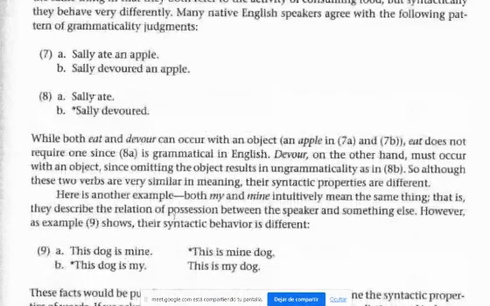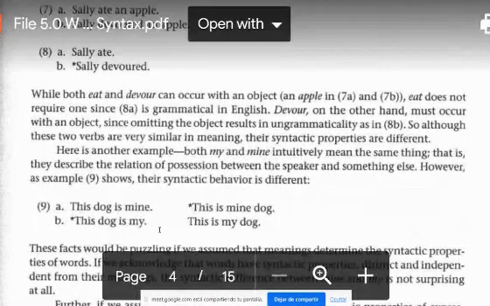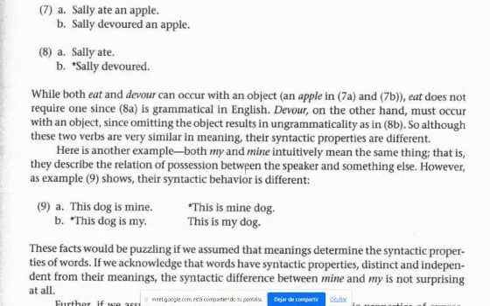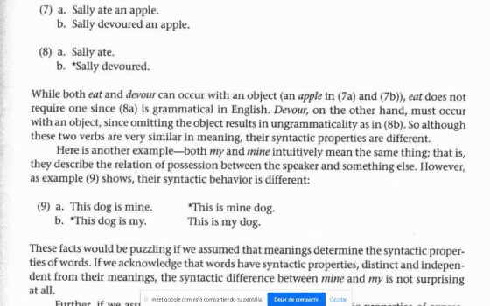So we have two examples, 1 and 2. Pay attention to that. Here is another example. Both "mine" and "my" intuitively mean the same thing. That is, they describe the relationship of possession between the speaker and something else. However, in example 9, "This dog is mine," shows their syntactic behavior is different.